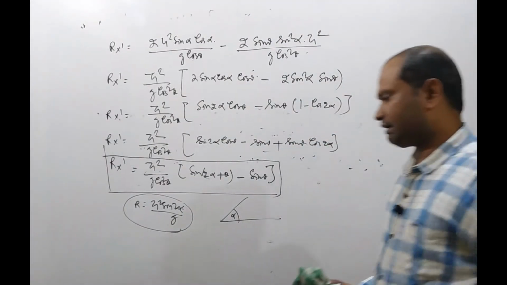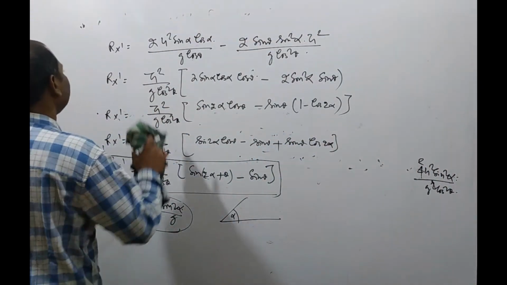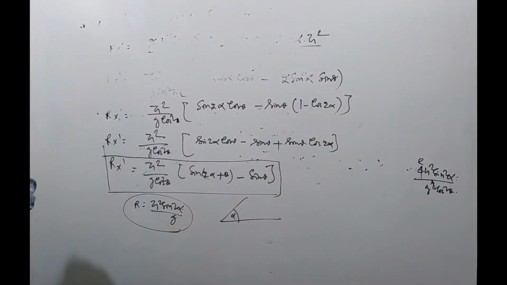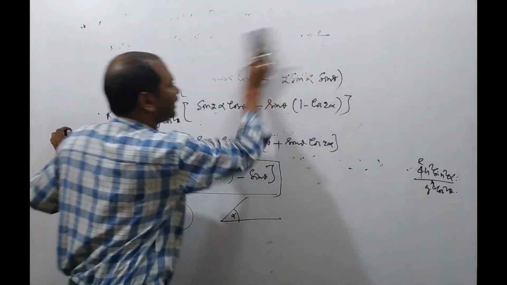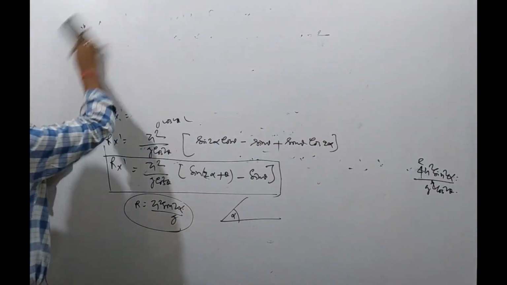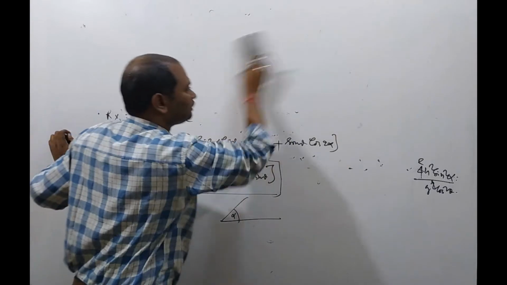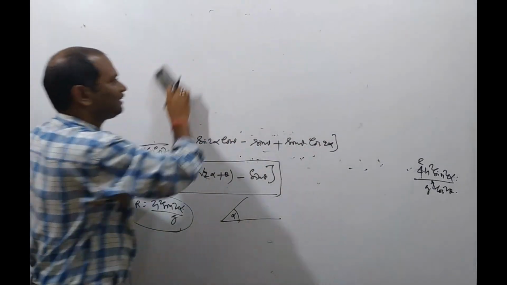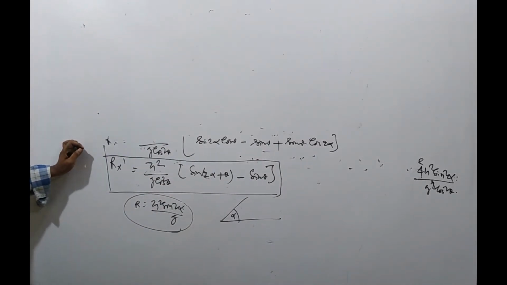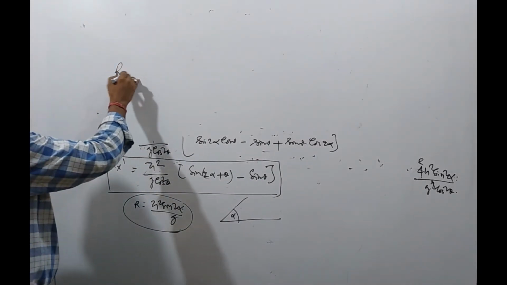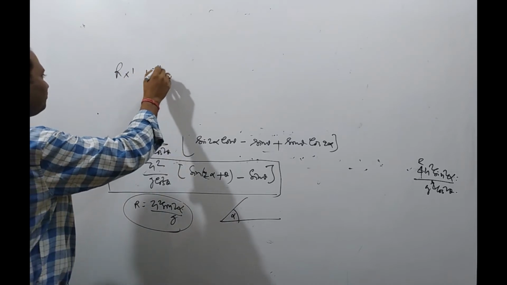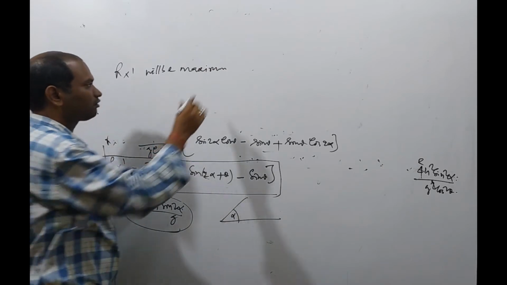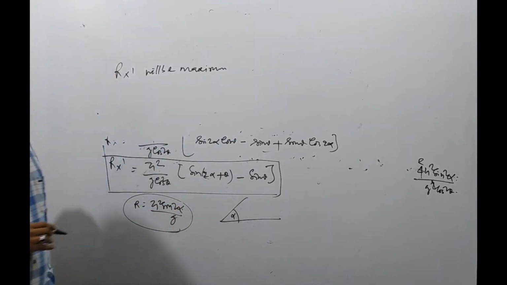Then we analyze the maximum horizontal displacement. At which condition will the horizontal displacement in x dash direction be maximum? That means R x dash will be maximum at which condition?